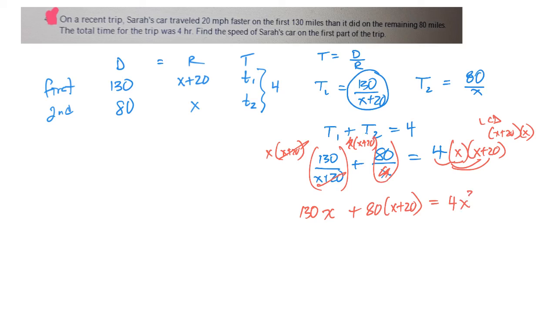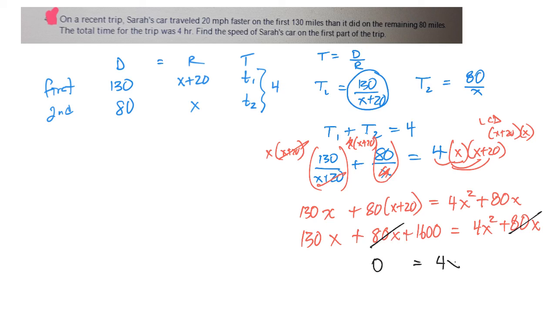So it'd be 4x squared plus 80x. Simplifying a bit, this would be 80x plus 1600 equals 4x squared plus 80x. 80x is common on both sides, so I can cancel that. Now let's bring everything over to the right side. So it'll be 0 is equal to 4x squared minus 130x minus 1600.